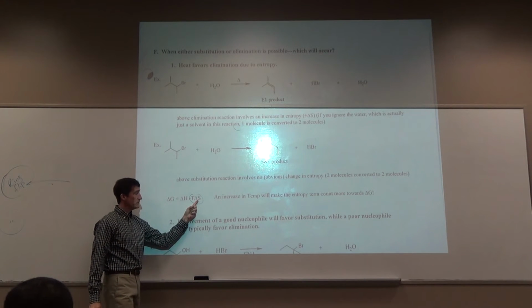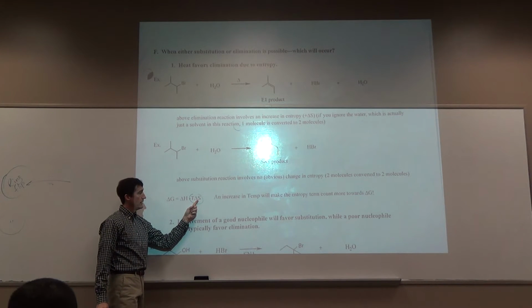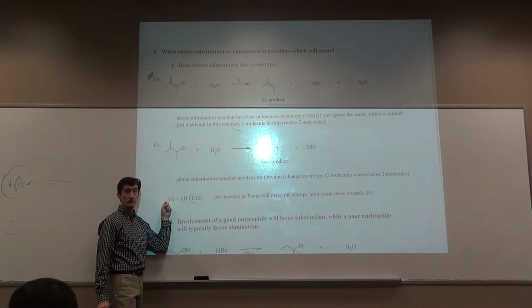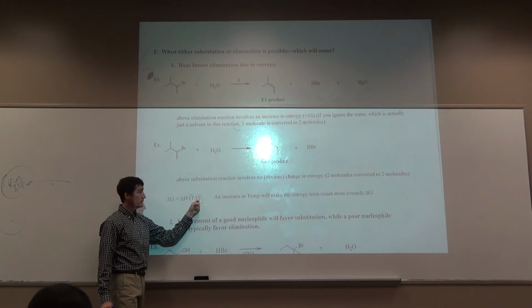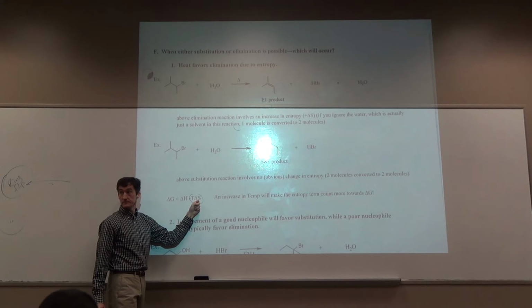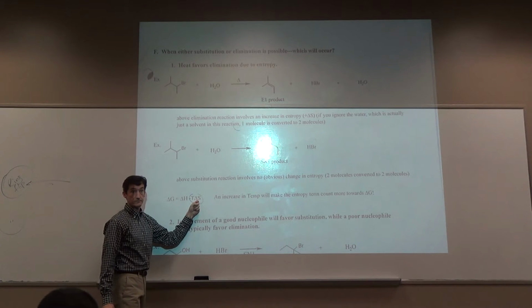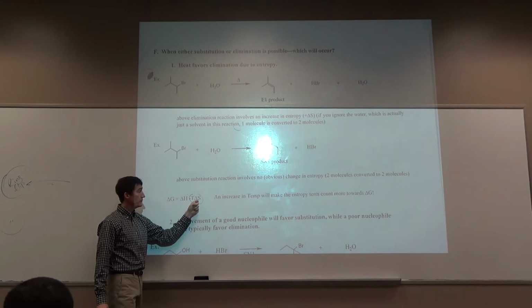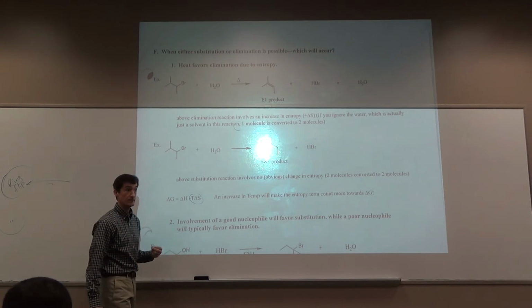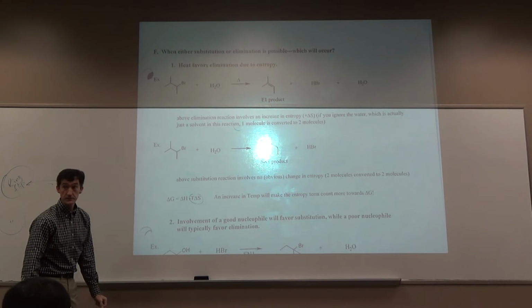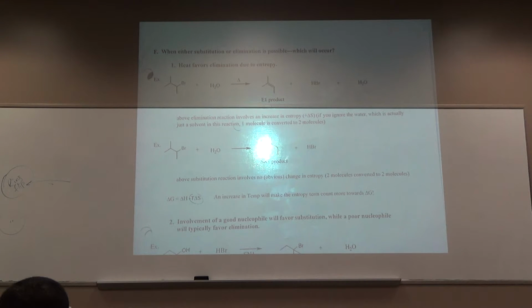If this is favorable, how do you make this even more favorable in the whole term? Temperature will magnify it. So the higher your temperature, the more it's going to magnify the favorable term. If you want to make entropy more relevant, increase the temperature.